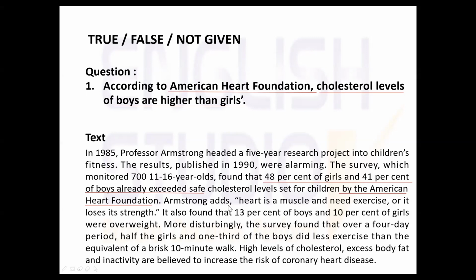The next sentence says it also found that 13% of boys and 10% of girls were overweight. But that is overweight, not cholesterol levels. So the answer should be not given because the statement in question number 1 is not actually mentioned in the text. Okay, any question?